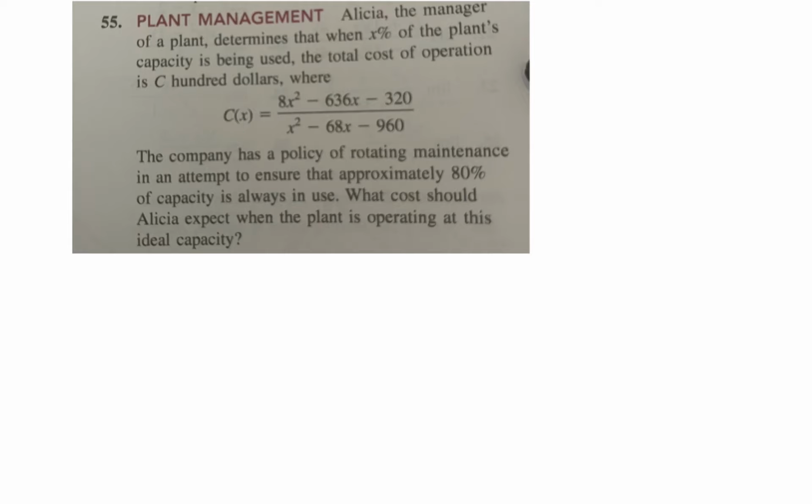So you substitute x equals 0.8, which is 80%. If you plug in C of 0.8, you will obtain the cost to produce x units at a level of 80% of capacity.